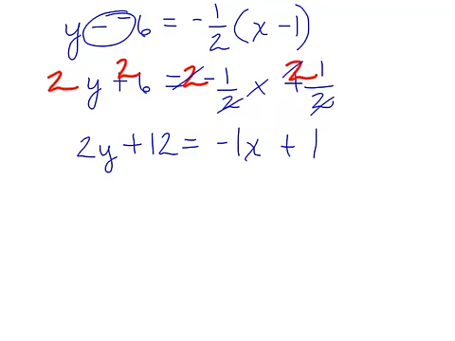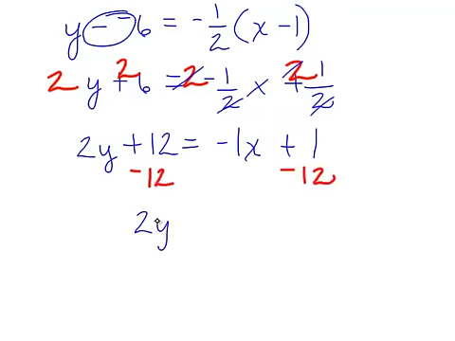Now at this point, if you want it in slope-intercept form, get y by itself. If you want it in standard form, get your variables on the left. If you want it in general form, get everything on the left. So it depends on how the book requests your answers. This one, I'm going to put it in slope-intercept form. So I will solve for y. I'm going to subtract 12 from both sides.